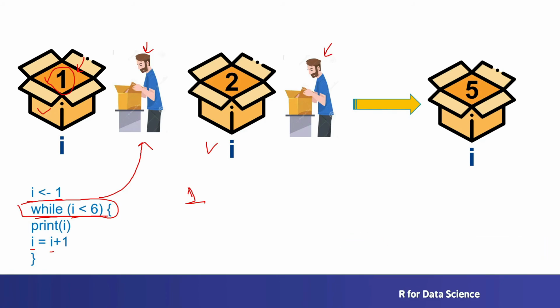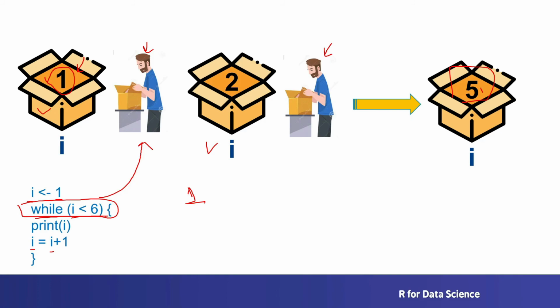So I'm going to keep printing until 5, because 5 is smaller than 6. And then when it comes back and the blue shirt guy sees, is 6 smaller than 6? No, it's equal to 6. 6 is not smaller than 6. So the while loop will be broken, and the last item printed will be 5.